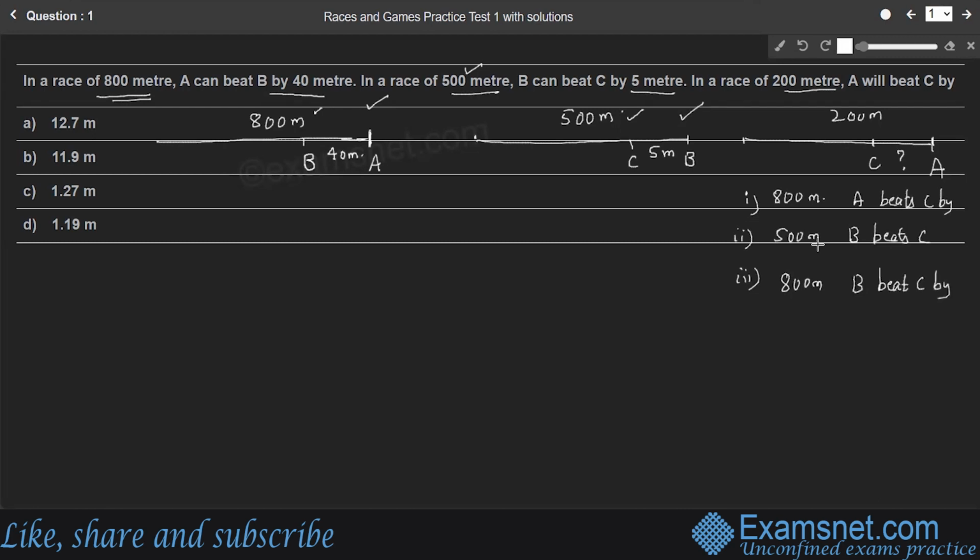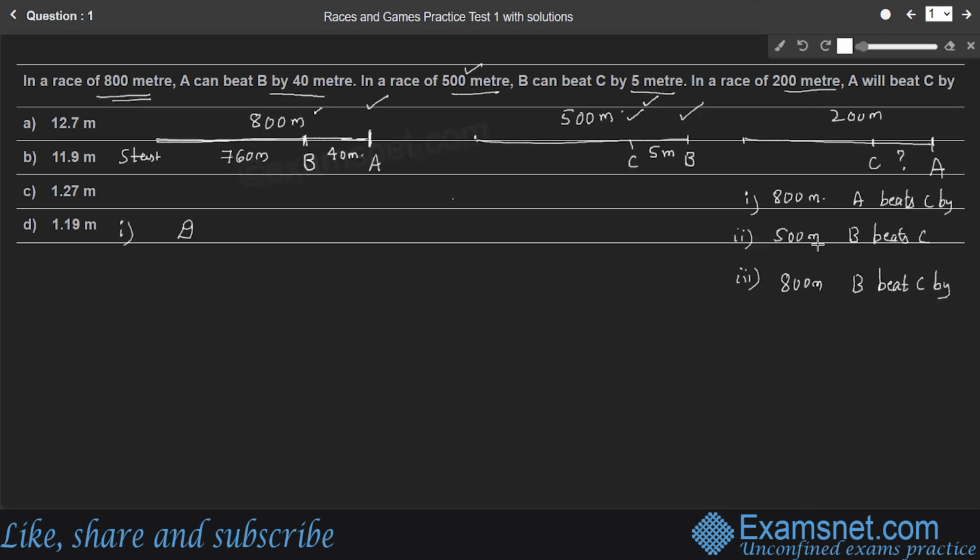A beats B by 40 meter is given. So what about B beats C by? For that, we'll consider first here in the 500 meter race, B beats C by 5 meter. So here in the 800 meter race, what is the distance covered by B? From the starting point, the distance covered by B is 800 minus 40, which is 760 meter, right?